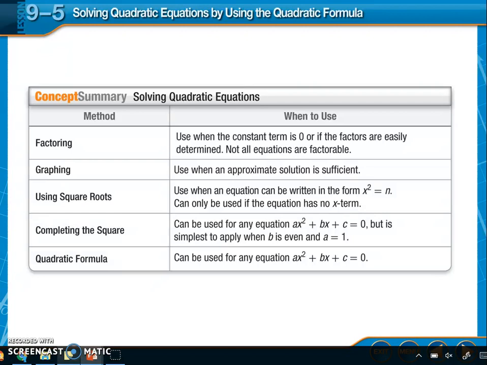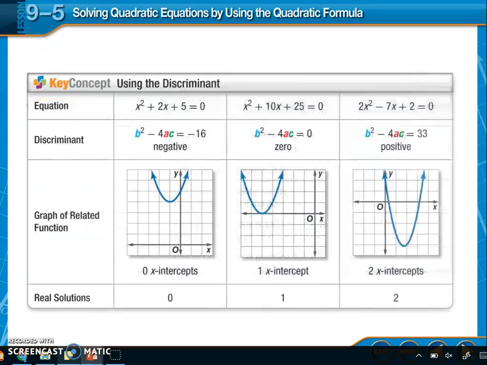But generally, graphing is not the method we're going to use. You can use square roots. So like if you have no b term, so that's like with no x term, using square roots works well. You can use completing the square, which we did last section, and now we just learned quadratic formula.